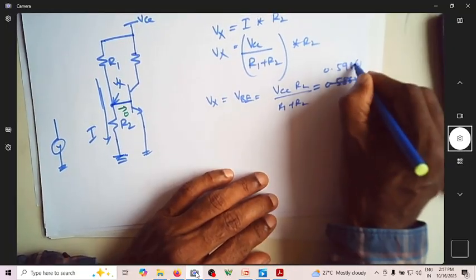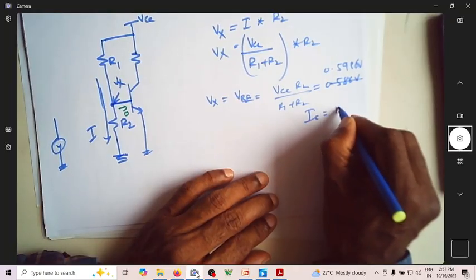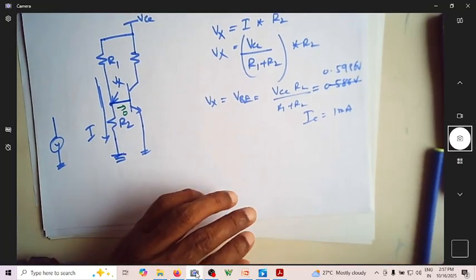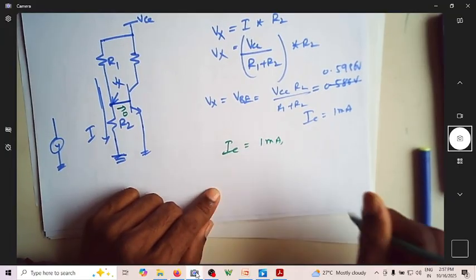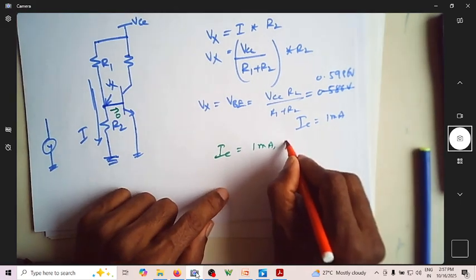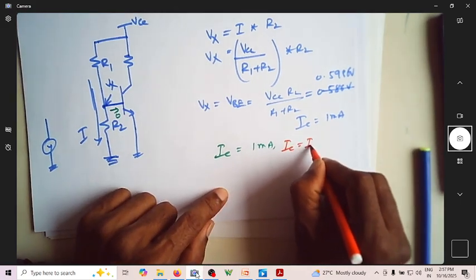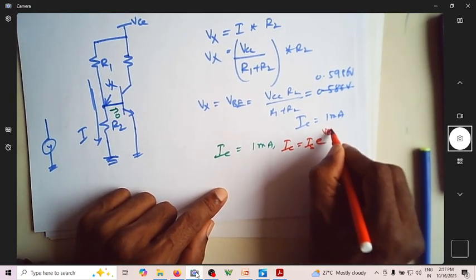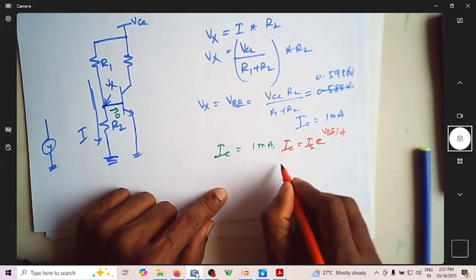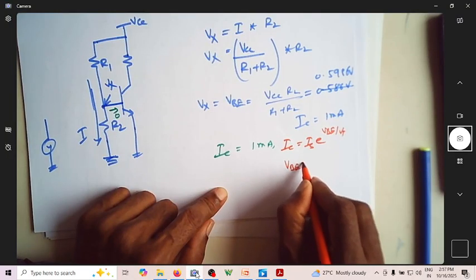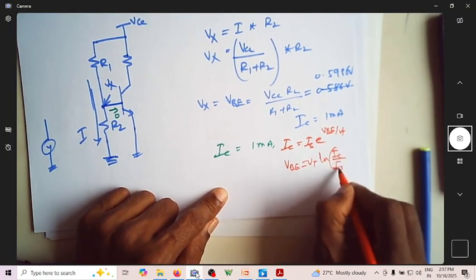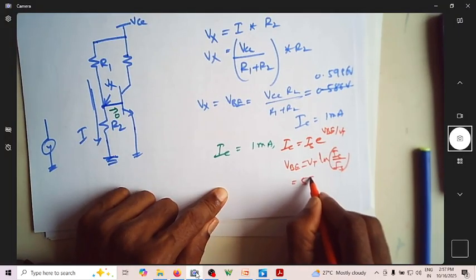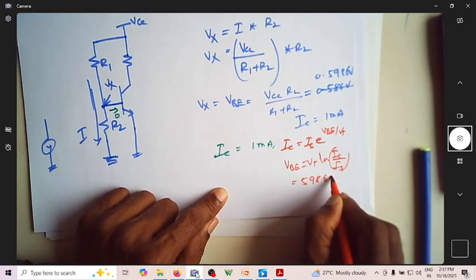So that an IC of 1 milliampere flows. Meaning for an IC of 1 milliampere, using the equation IC is equal to IS e power VBE by VT, the VBE becomes VT times ln of IC by IS, which will be 598.6 millivolts.